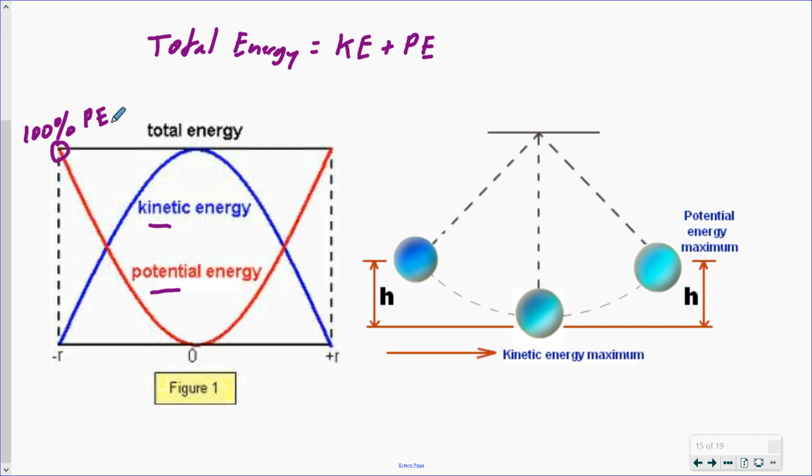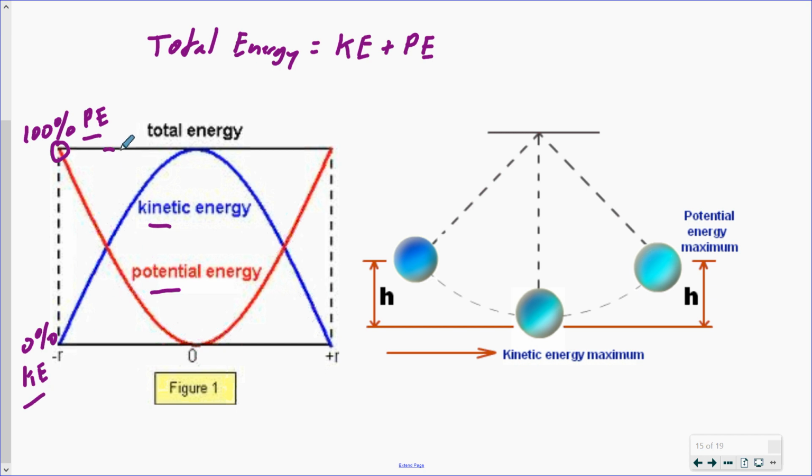Gravitational potential energy is the one that we're going to talk about. And we have 0% kinetic energy. And then what's going to happen is some of that potential energy is slowly going to go down, but it can't disappear. Whatever is lost in terms of potential has to be gained in terms of kinetic energy.